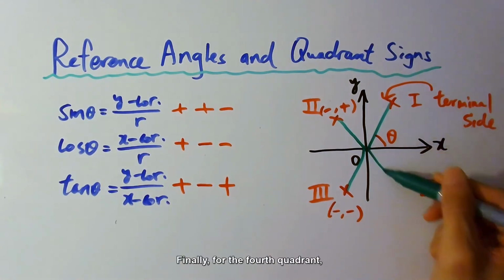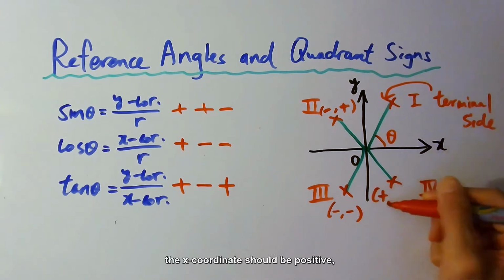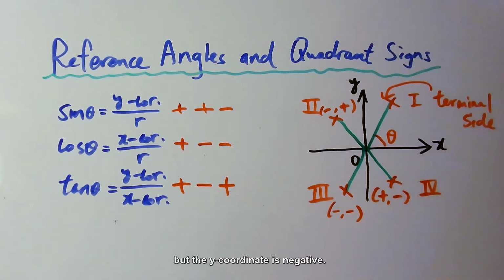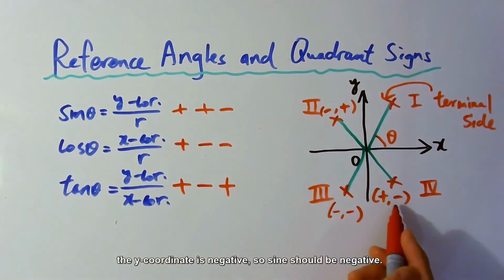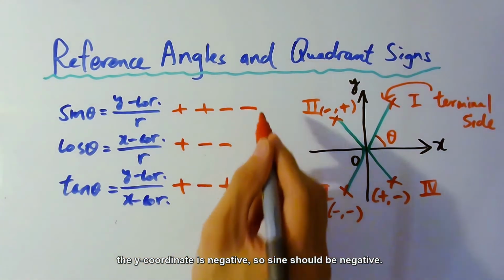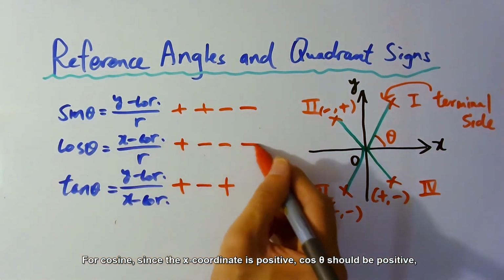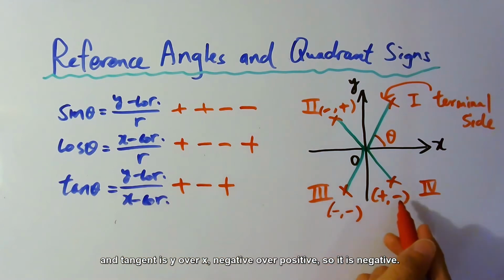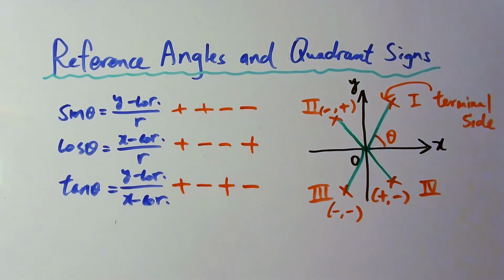Finally, for the 4th quadrant, the x-coordinate should be positive, but the y-coordinate is negative. Therefore, we can conclude that in this quadrant, the y-coordinate is negative, so sine should be negative. For cosine, since the x-coordinate is positive, cosine theta should be positive. And tangent is y over x, negative over positive, so it is negative.